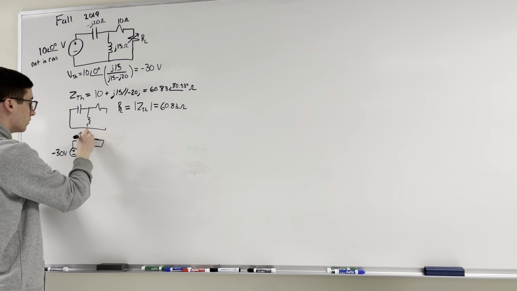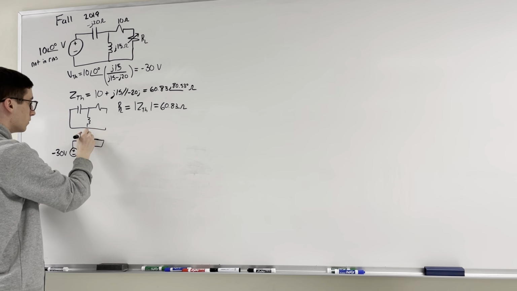So nodal analysis, make this Vx. And since this is a voltage source that nothing else is in series with, directly connected to ground, then this is equal to just 50. And then this node is simply 2Vx.